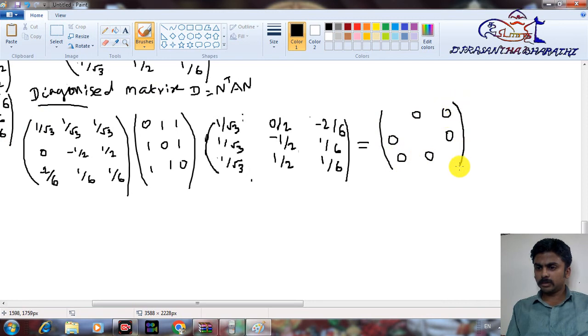So all elements will be 0, and when only diagonal elements appear, this diagonal matrix can also be called a triangular matrix, because a diagonal matrix is both an upper and a lower triangular matrix. So for a triangular matrix, the eigenvalues are nothing but the main diagonal elements. So we can simply take the eigenvalues.